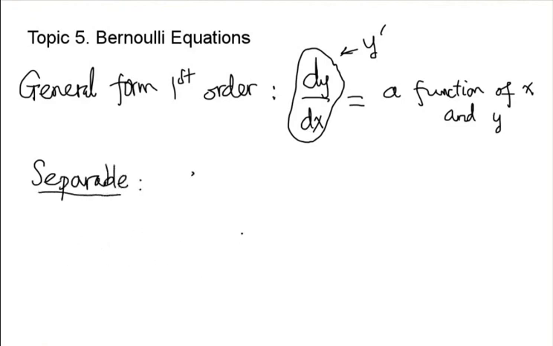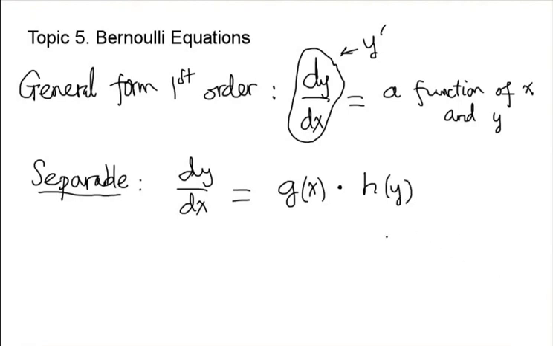Separable equations are equations where we can factor the right-hand side into something like g of x times h of y. So the right-hand side can be factored completely into a function of x alone times a function of y alone. That is called a separable equation.